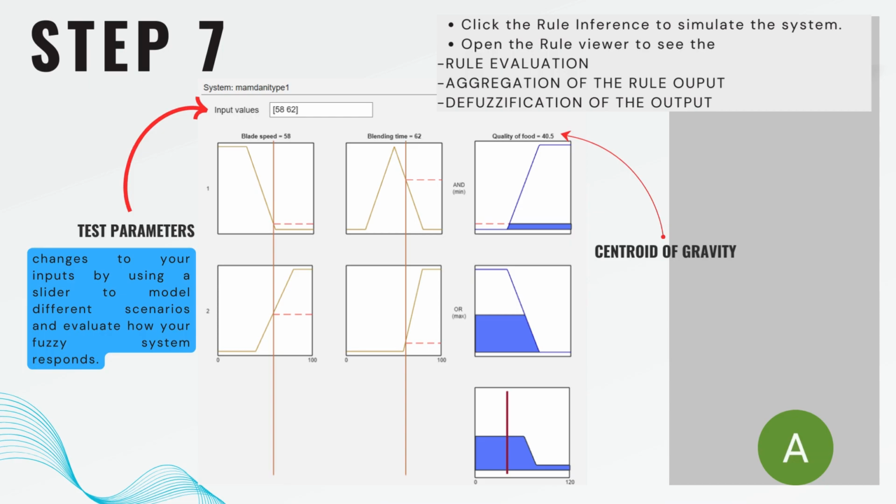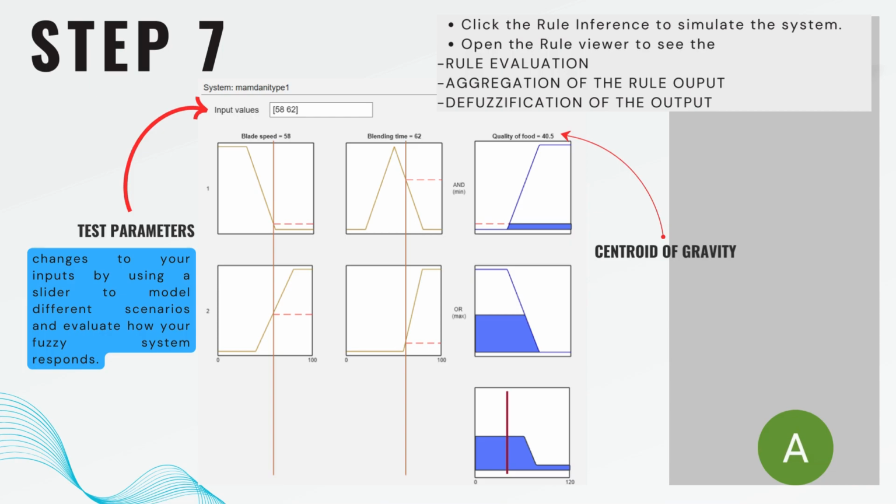Last step is step 7. So we are done creating the rules. Click the rule inference to simulate the system. When you click the rule inference, it opens the rule viewer to see the rule evaluation, aggregation of the rule output, and defuzzification of the output, like the picture.